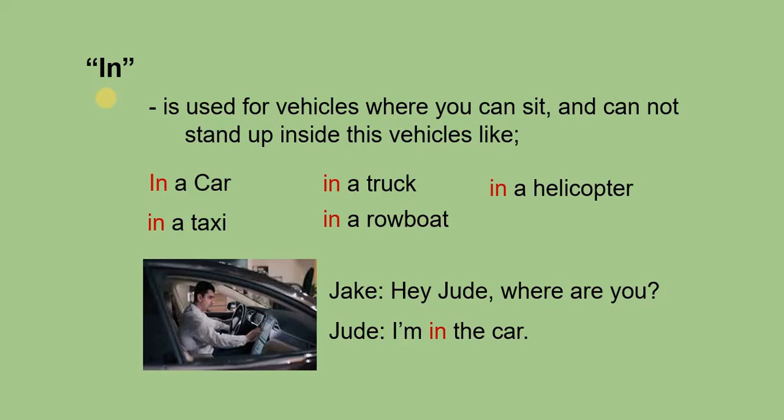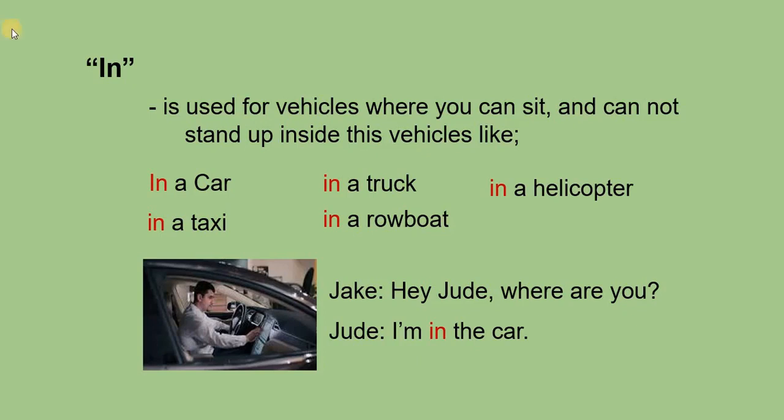What you can do is, let's talk about the vehicles that we can sit inside. We cannot stand up inside these vehicles. Again, let's think about a vehicle wherein you cannot stand up. You can sit and you cannot stand up inside these vehicles.